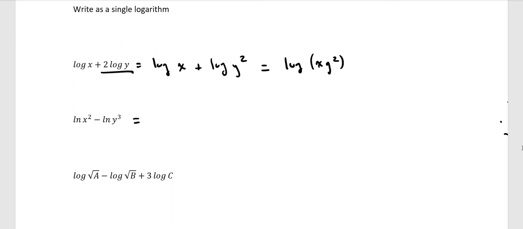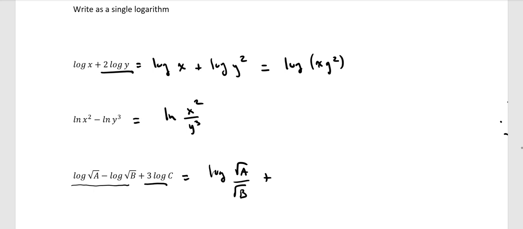This one, using property 3, can be written natural log of x squared over y cubed. All right, this one. Let's start with this, using property 3. This can be written log of square root A over square root B. And why don't we do this?